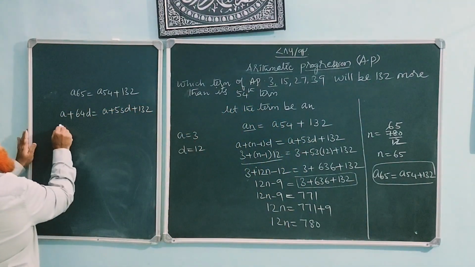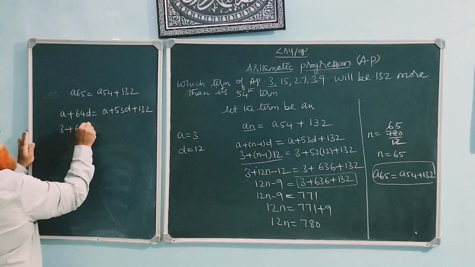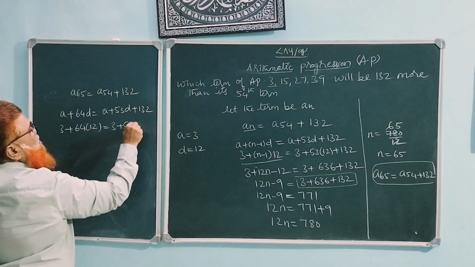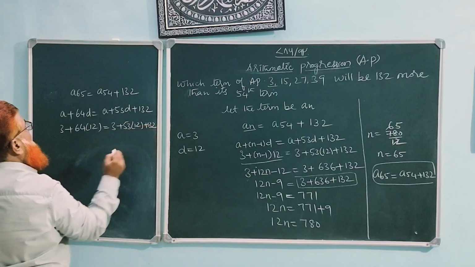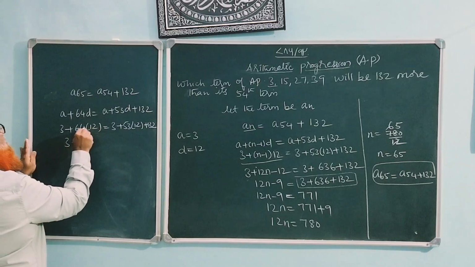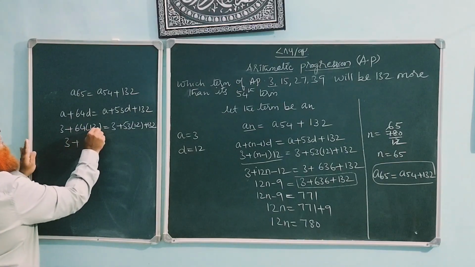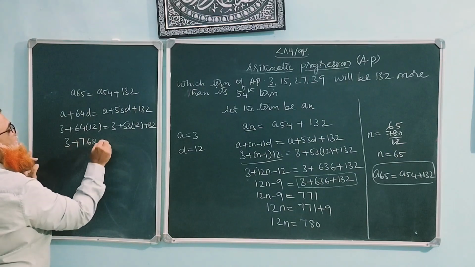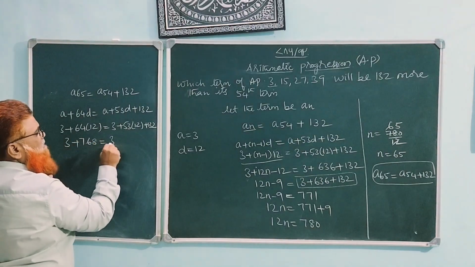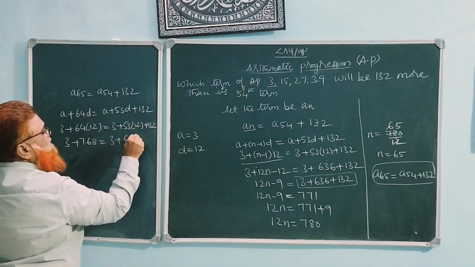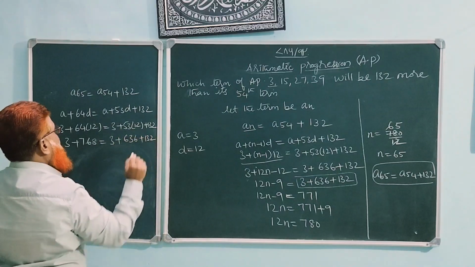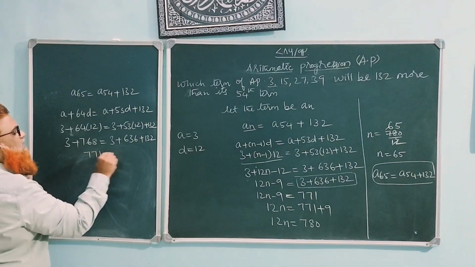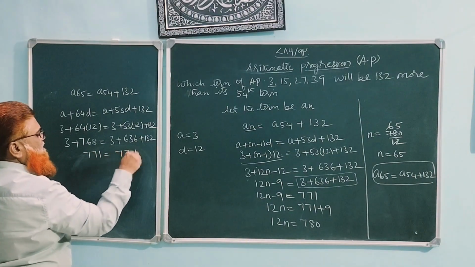What is the first term? 3 plus 64. What is the common difference? 12 is equal to 3 plus 53 into 12 plus 132. 3 plus 12 fours are 48, 4 carry, 12 sixes are 72 plus 4 is 76, equal to 3 plus 636 plus 132. 763 plus 3 is how much? 771, and this is equal to 771.